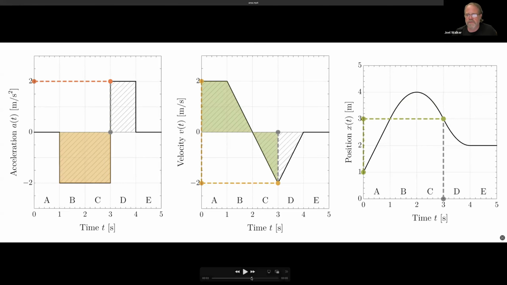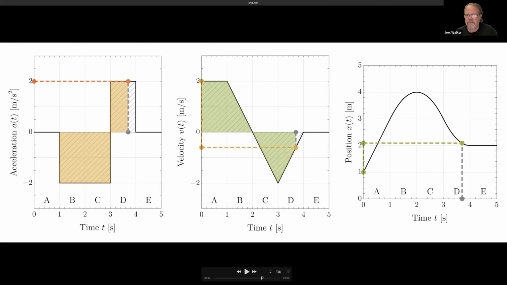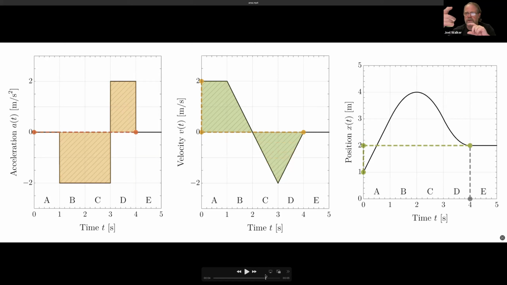Now, let's go through segment D. Segment D, our velocity is still negative. The area under the curve in segment D was a total of -1 block. So we've got plus 2, plus 1, minus 1, minus 1. So plus 2, plus 1, that's 3, minus 1, minus 1, that gets us back to 1.